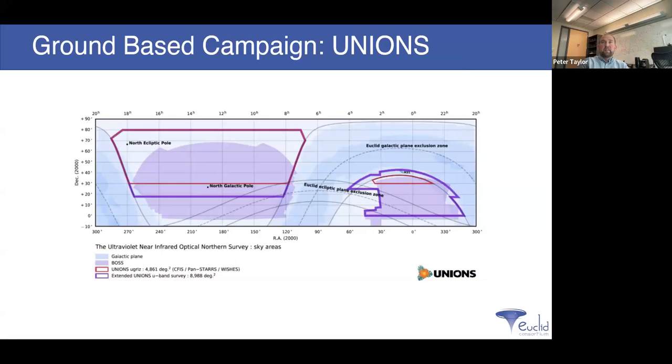The main advantage is we have DES in the south and LSST, but UNIONS is in the north, and we're covering a lot of these optical bands, so u, g, r, i, and z, over about 5,000 square degrees, so it really is quite a wide survey. One of the peculiarities is we're not just taking this data on one telescope. We have CFHT, Pan-STARRS, and then the WISHES survey is on Subaru.